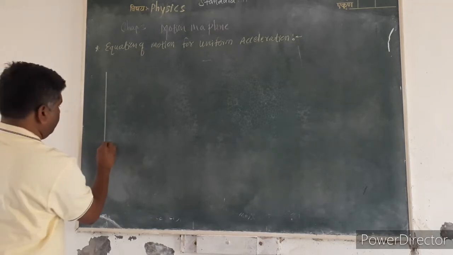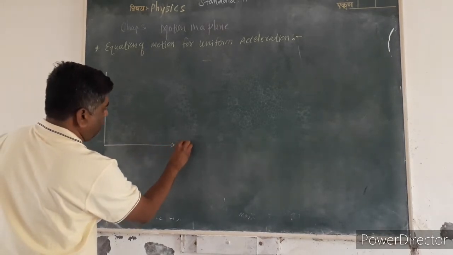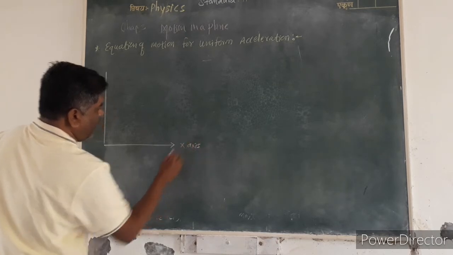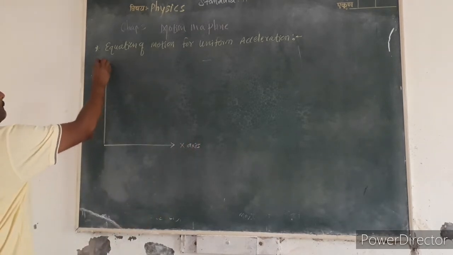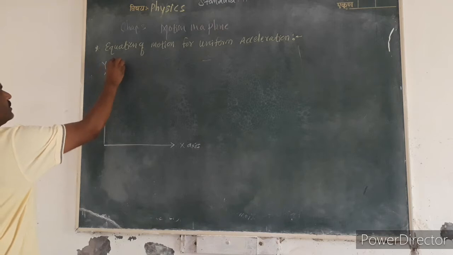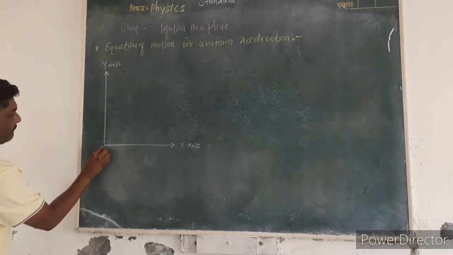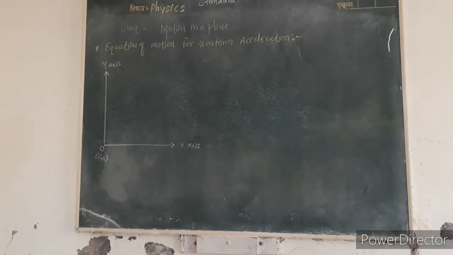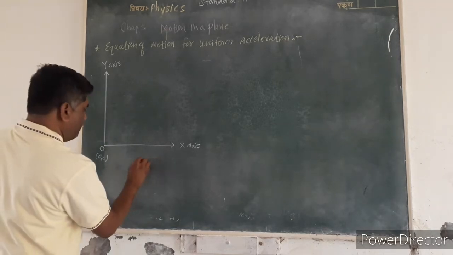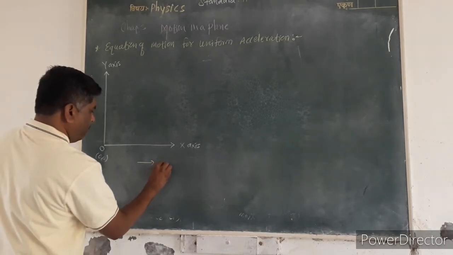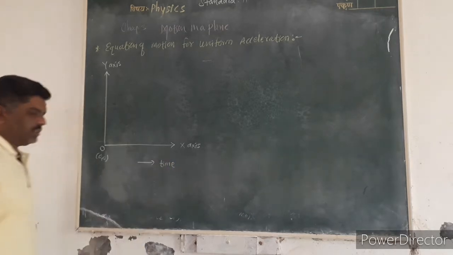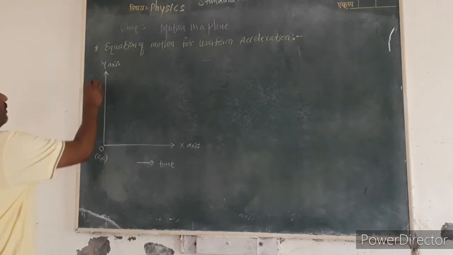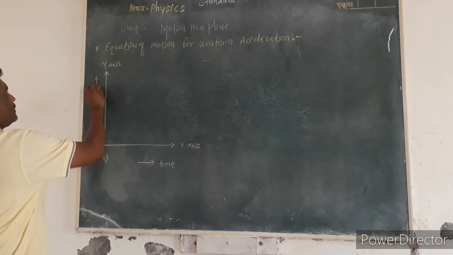Suppose x-axis, y-axis, origin (0, 0). In the velocity time graph, along the x-axis there is time, and along the y-axis there is velocity.